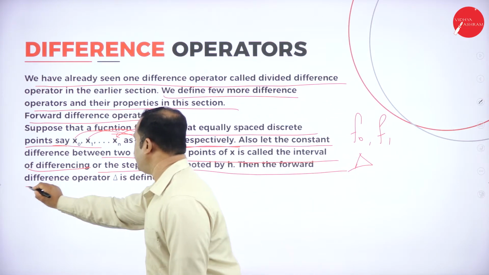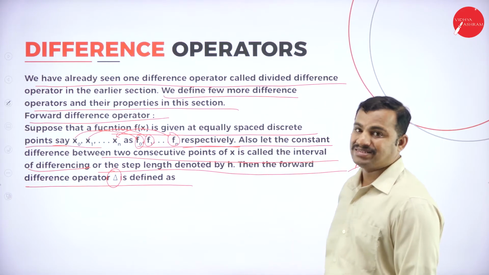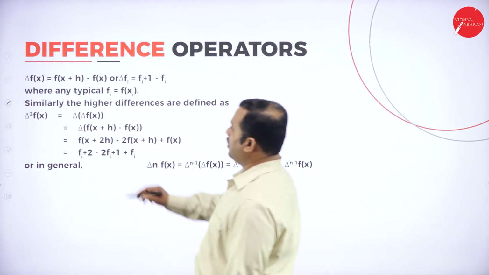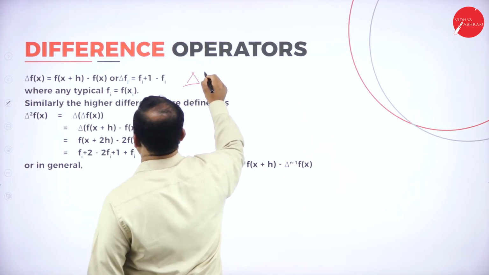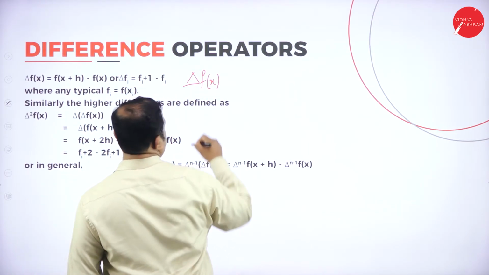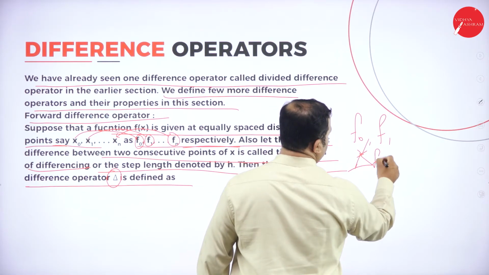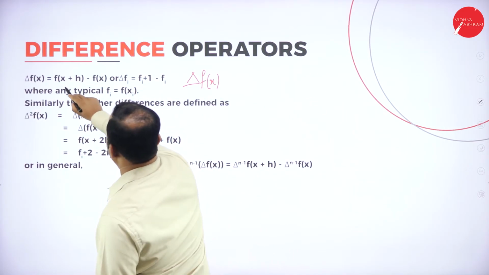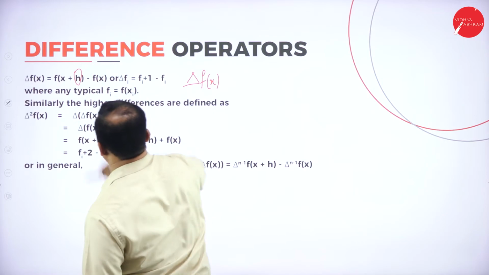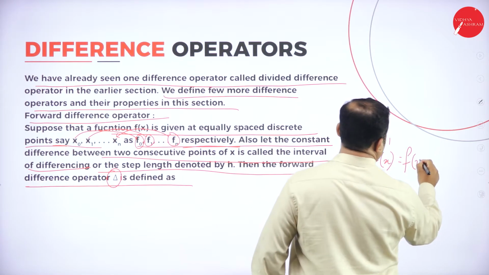Then the forward difference operator is denoted by delta, which is defined as f of x plus h minus f of x. That is delta f of x. That is the difference between this and this. See here, f of x plus h.